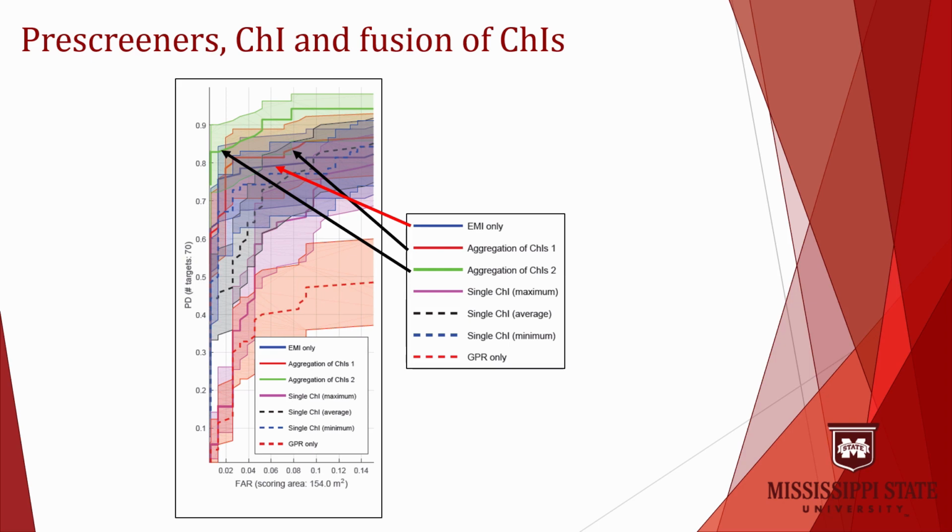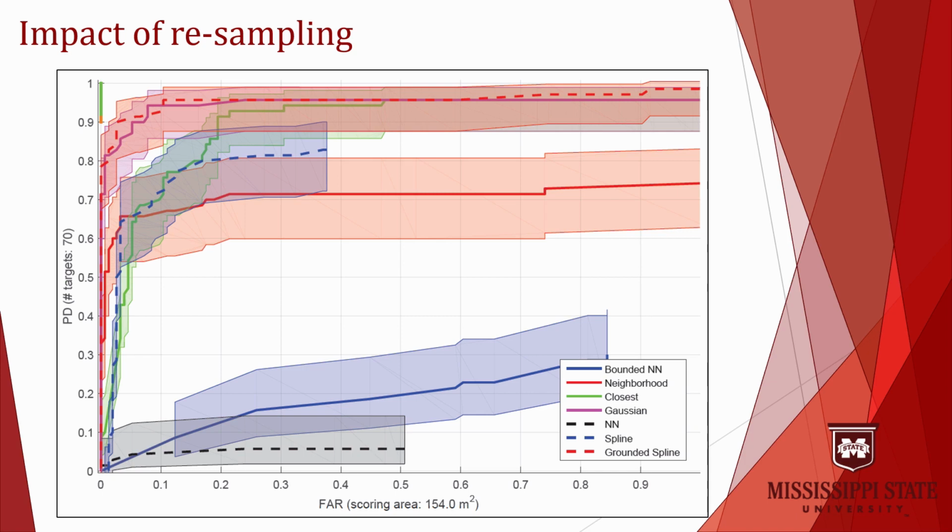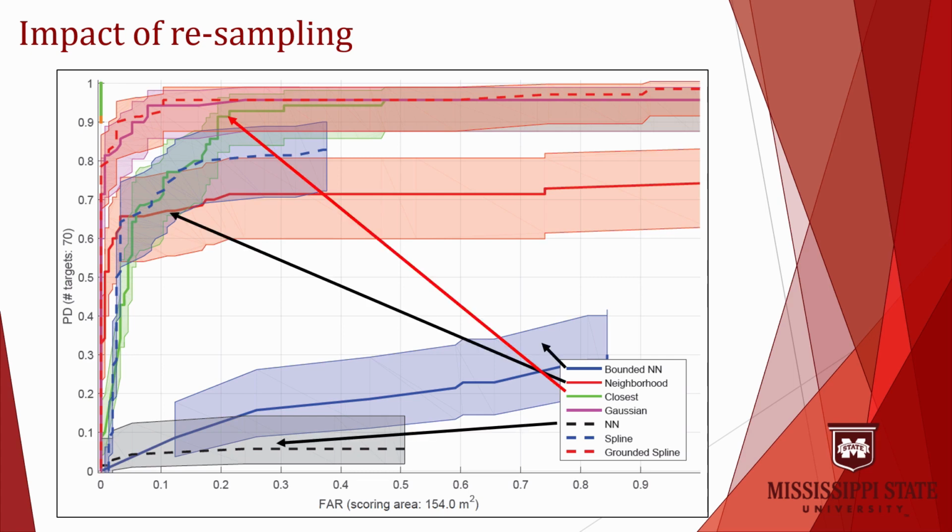From here we'll take our best result and look at the impacts of resampling, as we talked about each of the ways that we did our resampling. What was an interesting find here is that the closest actually did better. We didn't expect that, but it did turn out that way. The other techniques, such as the bounded nearest neighbor and the nearest neighbor, where we tried to incorporate field of view, fell here.